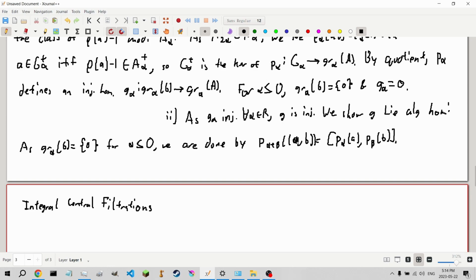Integral central filtrations. So recall that a filtration G alpha on G is integral if G alpha is equal to G of the ceiling of alpha.